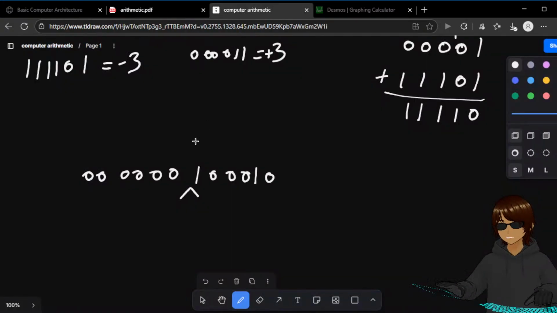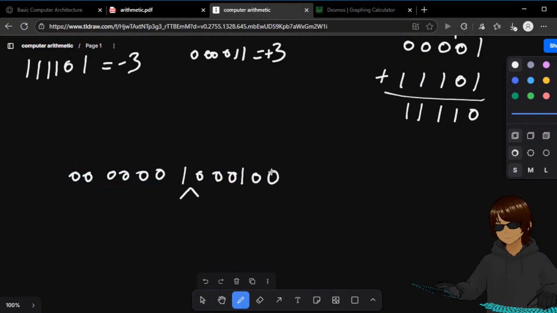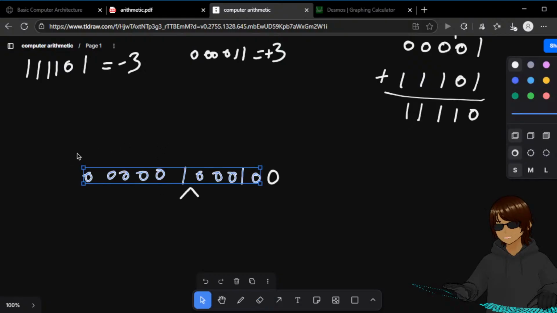Then we right shift it again. So 1 minus 1 plus minus 3, well, we get a negative, so nothing will happen. So we shift it again, right?